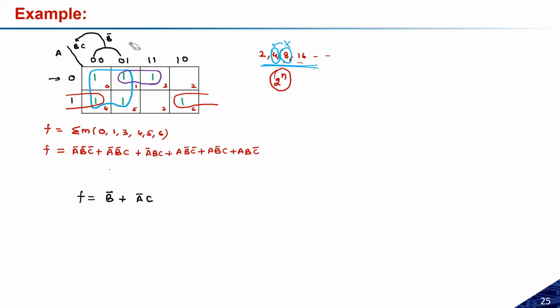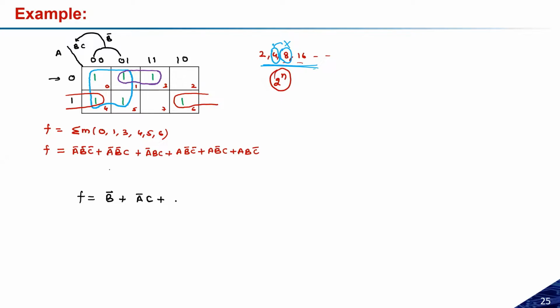Now can anyone tell me what will be the outcome of the third pair, which is in the brown color? AC bar. Perfect, because A is not making a pair with anyone. B will be removed because B bar and B both are present, so AC bar will be the output.